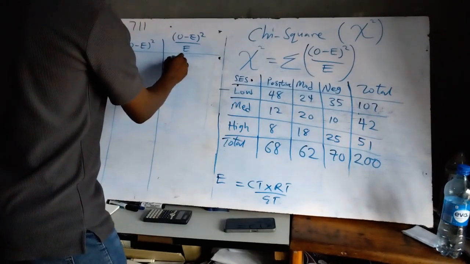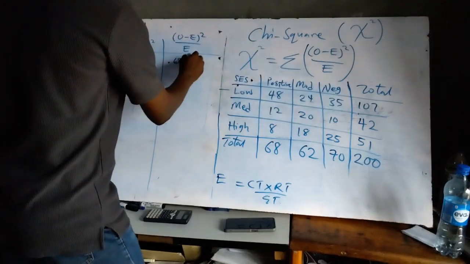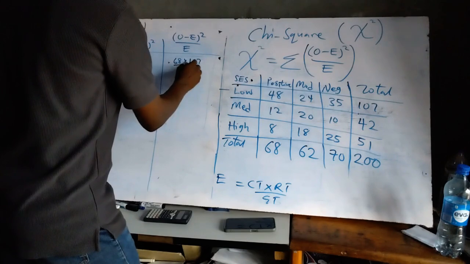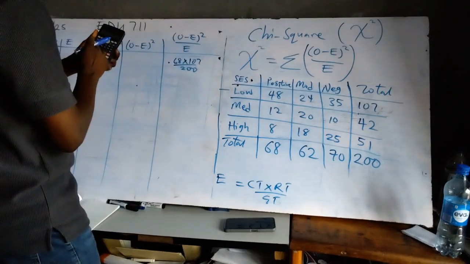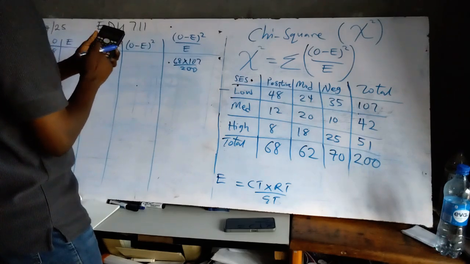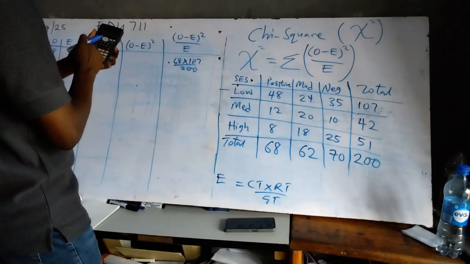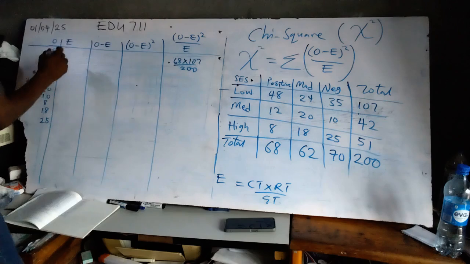That is 68 times row total 107 divided by 200. So what is that? 68 times 107 divided by 200. That is 36.38.